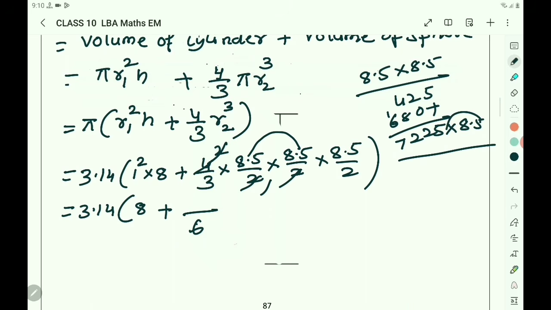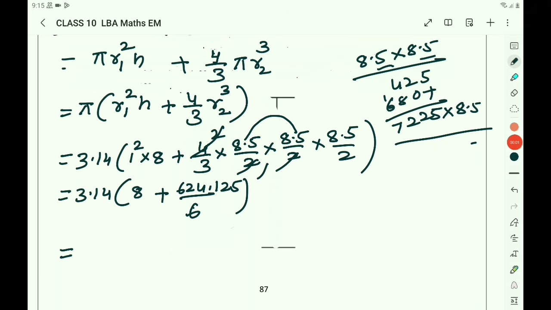Equals 5 5s are 25. 2 carry. 5 2s are 10 plus 2, 12. 1 carry. 5 2s are 10 plus 1, 11. 1 carry. 5 7s are 35 plus 1, 36.